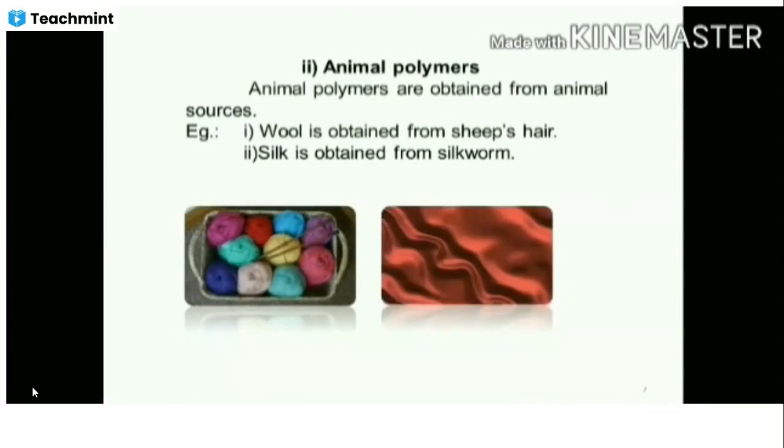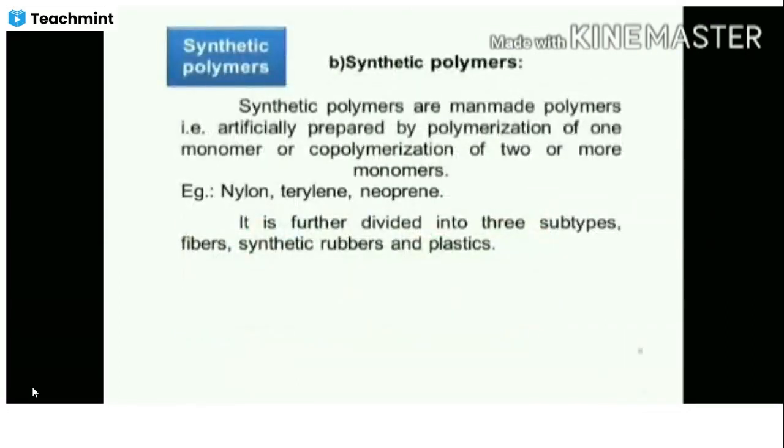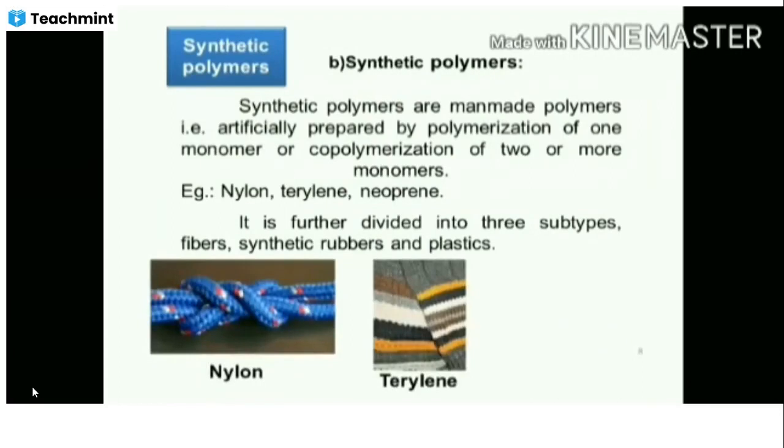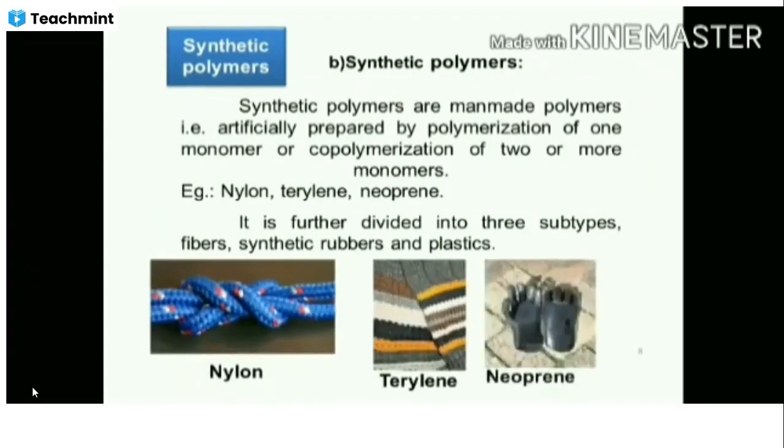Synthetic polymers are man-made polymers, that is artificially prepared by polymerization of one monomer or copolymerization of two or more monomers. Example, nylon, terylene, neoprene. It is further divided into three types: fibers, synthetic rubbers, and plastics.